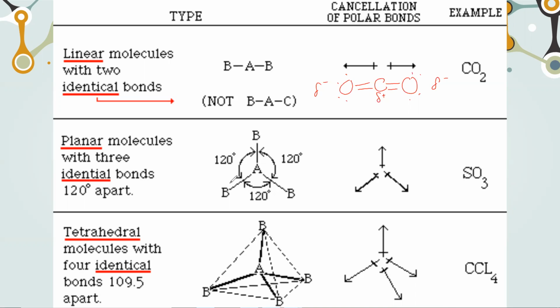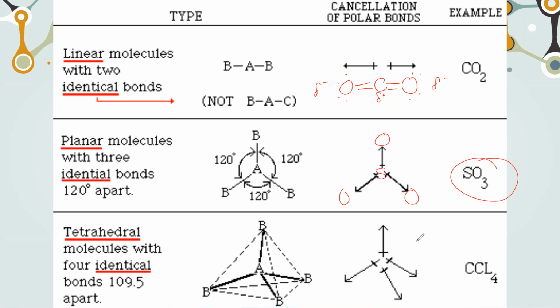Another example would be planar molecules with 3 identical bonds that are about 120 degrees apart. And this SO3 is a good example of what I'm talking about, because again, you're seeing O's, O's, O's, and the S in the middle. So you're not really seeing a difference across the entire molecule.